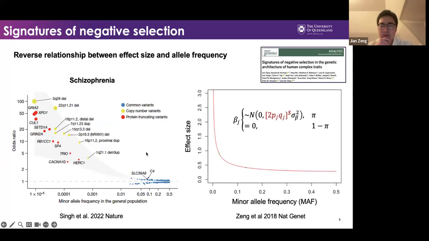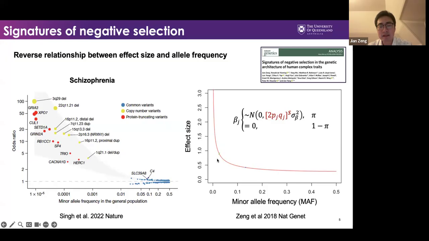So in our first study, we tried to model this relationship across all variants in the genome without doing any selection, using a mixture model where the variance of the effect size is modeled as a function of the allele frequency, (pq)^S. So if S is negative, that represents a negative relationship between the effect size and minor allele frequency.